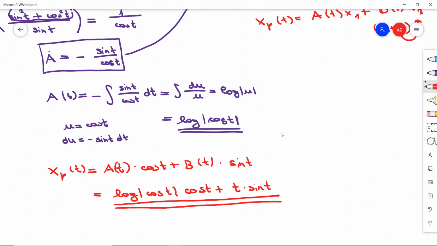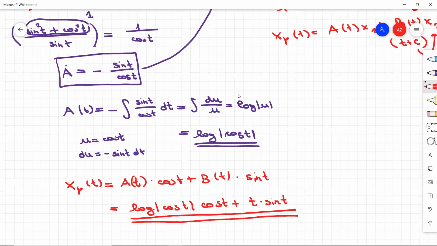So you see the initial non-homogeneous part was quite easy, 1 over cosine, but we don't have a lot of chance to just guess this particular solution. But variation of constants always works.